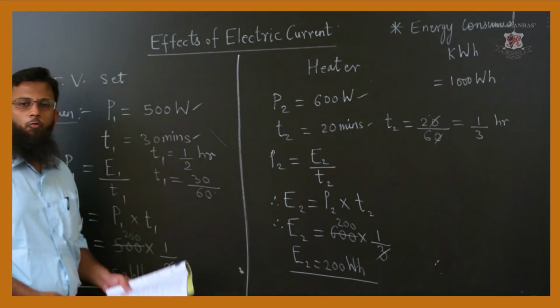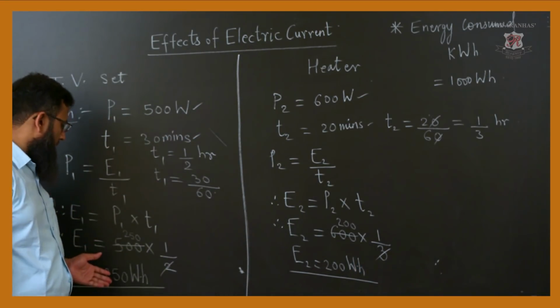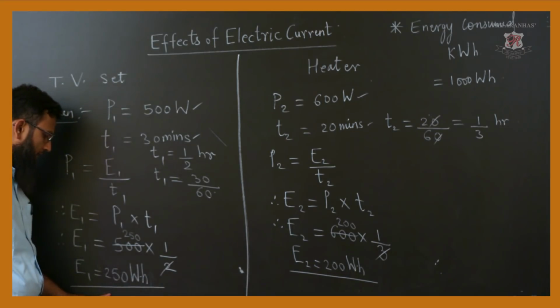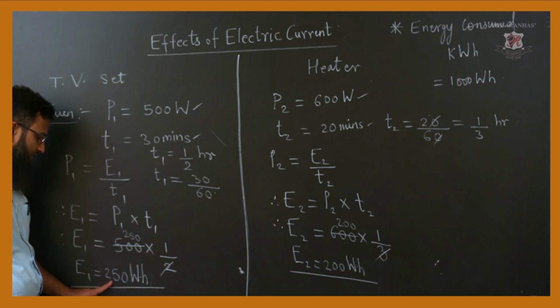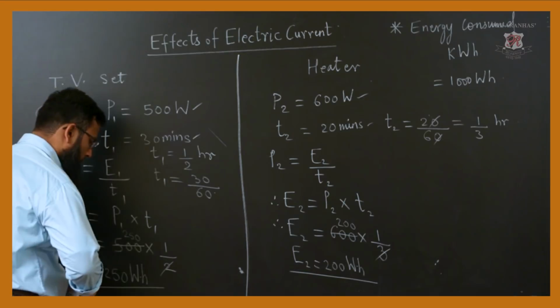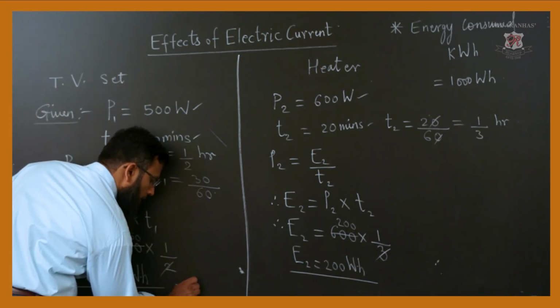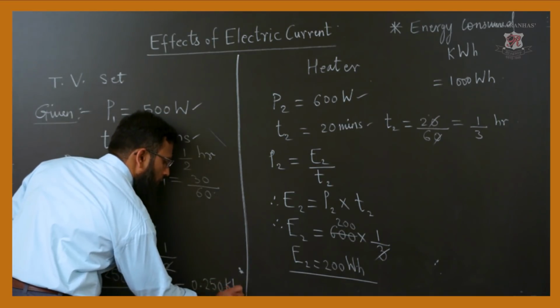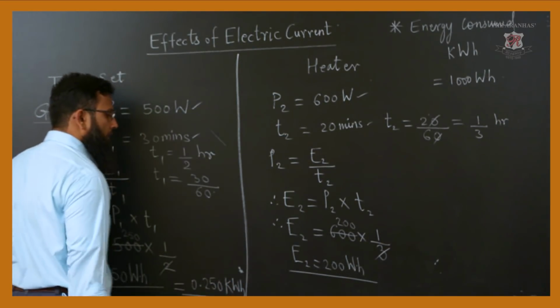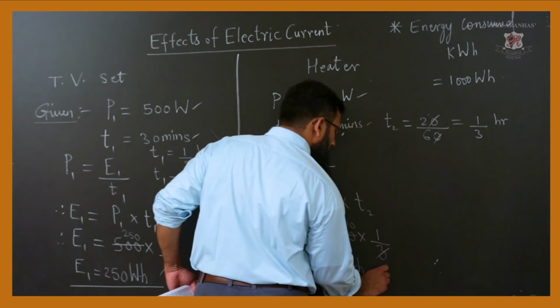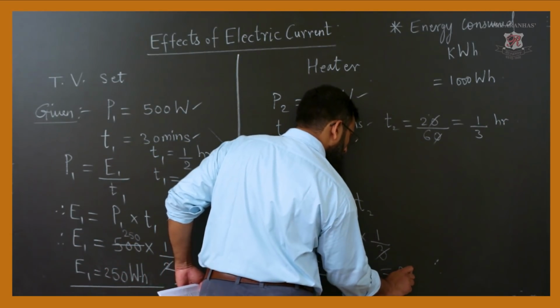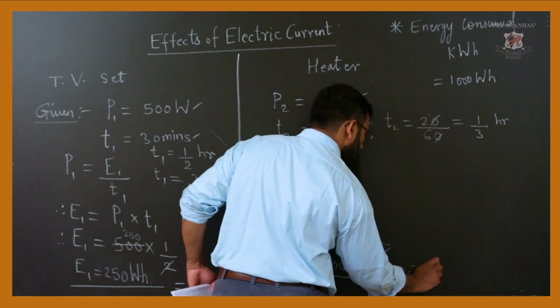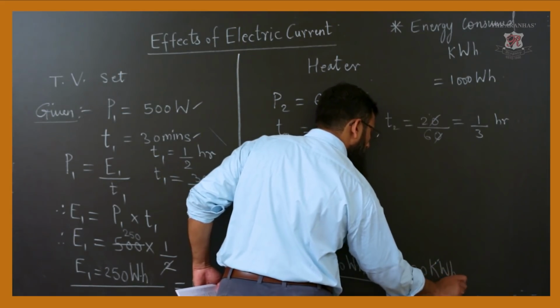If you want to convert this in kilowatt hour, that can also be done by writing it as 0.250 kilowatt hour, and here writing it as 0.20 kilowatt hour.